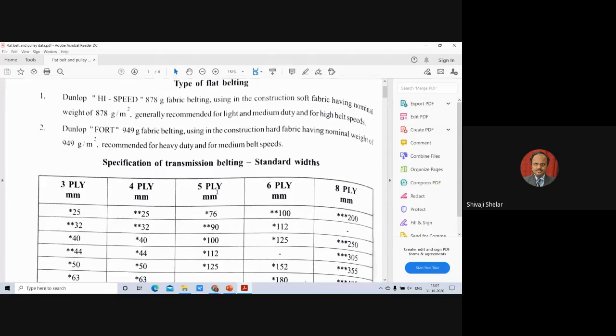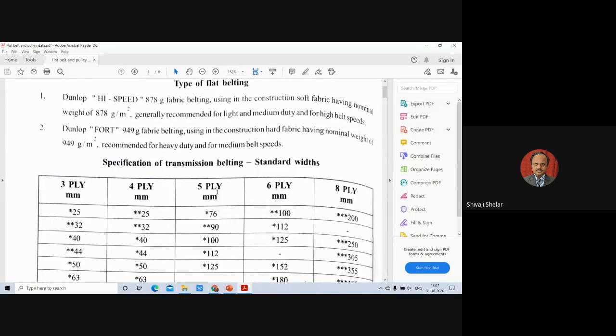This is my 5-ply system having this much power rating. A single ply of this system has this much power rating. Suppose it is having say 0.25 kilowatt per ply, then he will say what is your power transmission requirement, say 20 kilowatt. So this is my 0.25 kilowatt for say 10 millimeter of width. I am having a ply of say 100 mm.